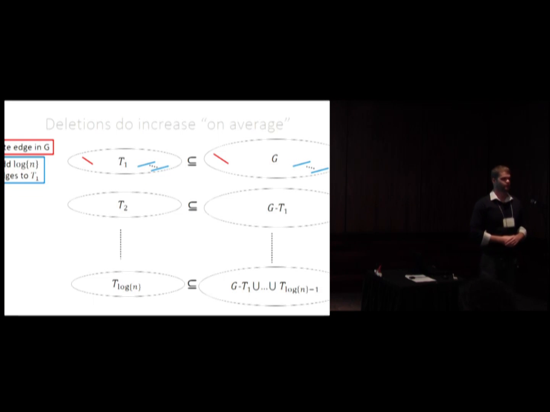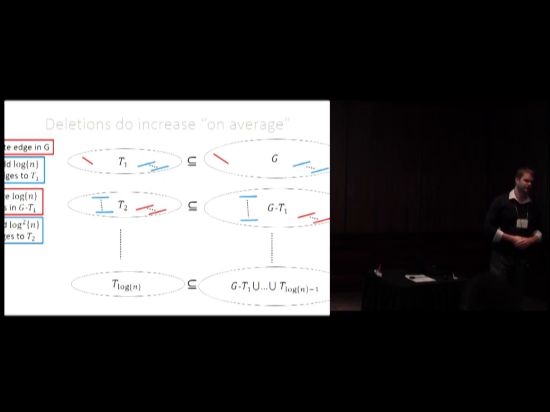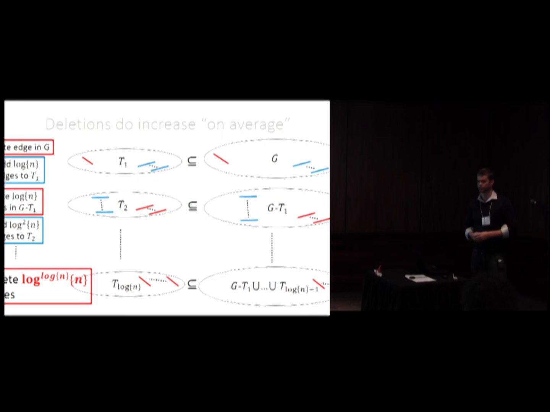Now we would need to use all of these edges in the spanner of T1, and this would require the deletion of all of these edges in the subsequent graph. Now assume this process repeats, that each one of these edges that we deleted in the spanner in T2 was critical for shortest paths, added log n edges to patch up each of these shortest paths, and so now we had to use log squared n. This process repeats, and we're deleting log to the log. So it's not going to be an immediate extension where we can just use this tool with the static routine.